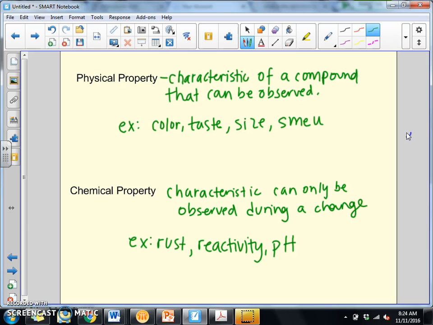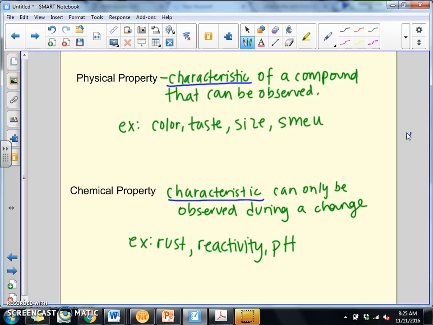Those are things that are chemical properties. Now, a key thing to note is that in both of these definitions, they talk about it being a characteristic, and that is because a property is a characteristic, a quality about it that you can observe.